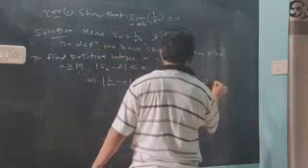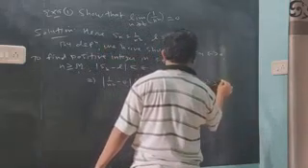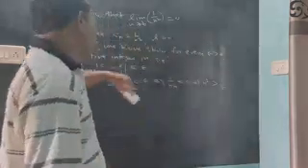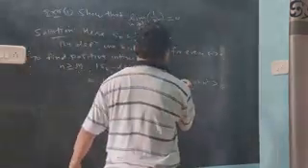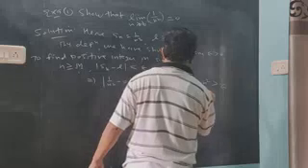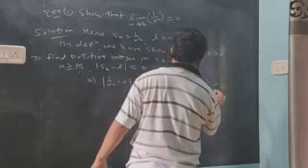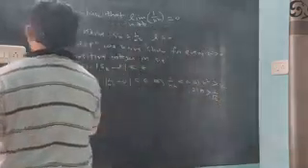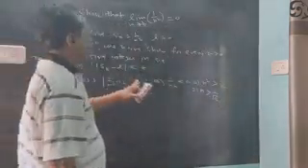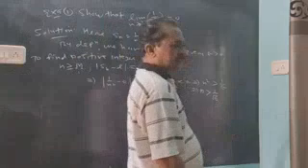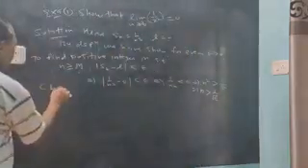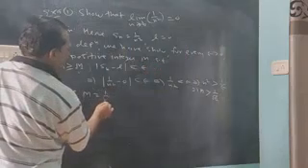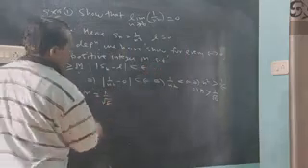Reciprocally, n square will be greater than 1 upon epsilon, and therefore n is greater than 1 upon root of epsilon. So this situation I want, n greater than m. What will be m? Choose the value of m as 1 upon under root of epsilon.